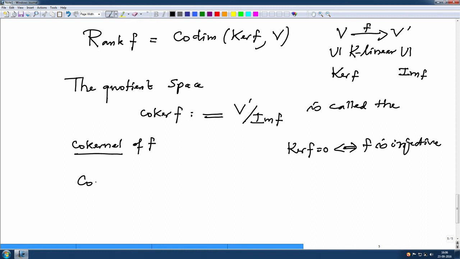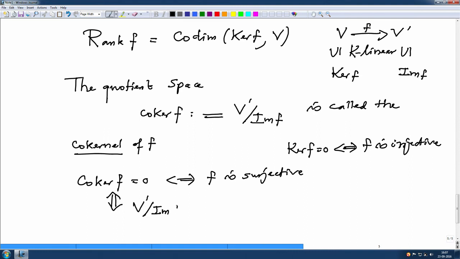So, co-kernel f is 0 if and only if f is surjective. This is very easy because co-kernel 0 means V prime by image f is the 0 space. This is 0 vector space means V prime has to be equal to image of f, but this is precisely surjectivity.